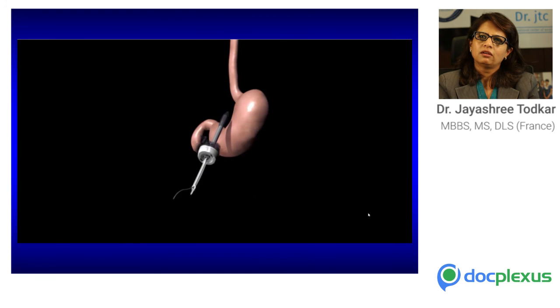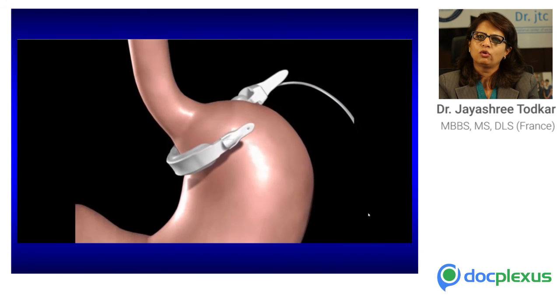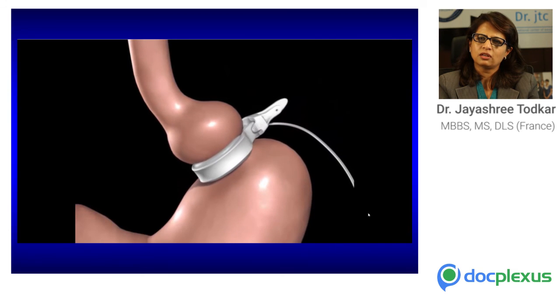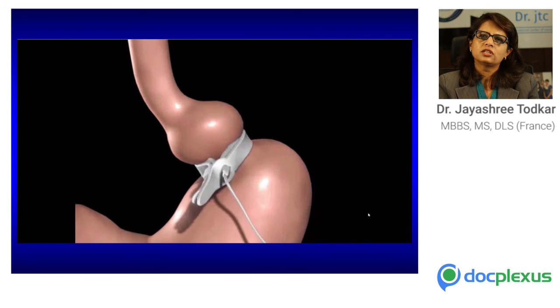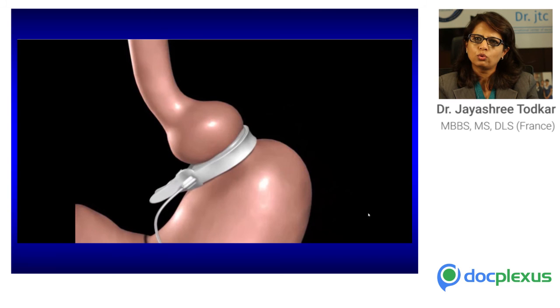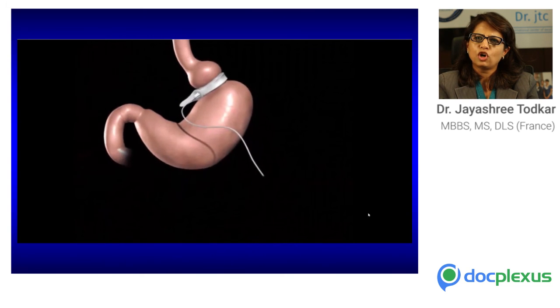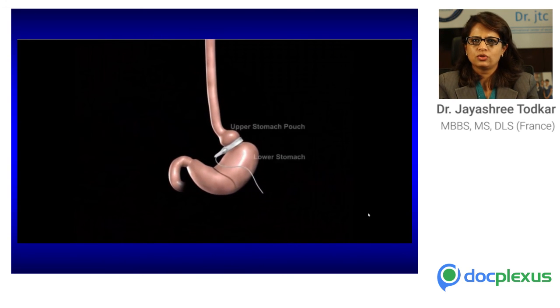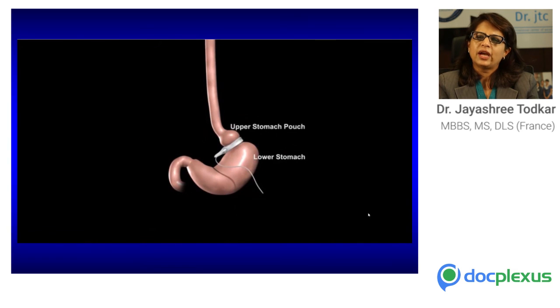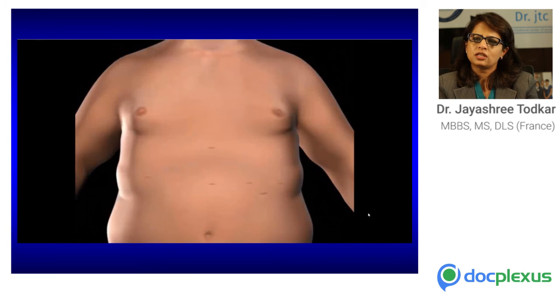This band is going to be applied near the fundus of the stomach, and it will convert the fundus into two pouches, an upper small pouch and a lower big pouch. There is a small tube which acts as a connector towards the reservoir.